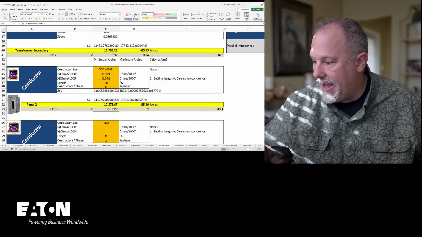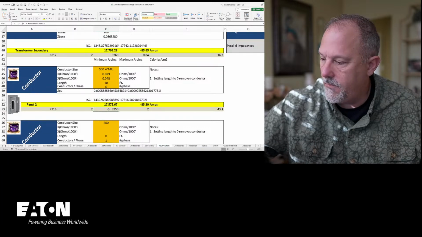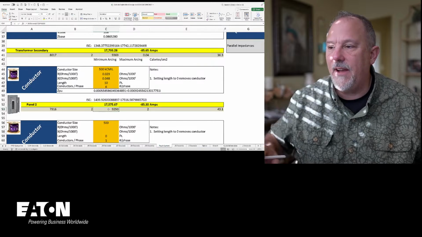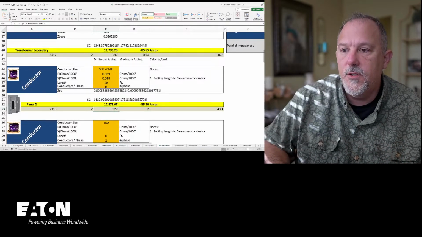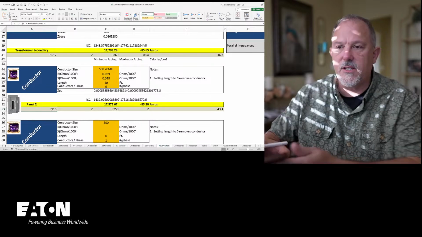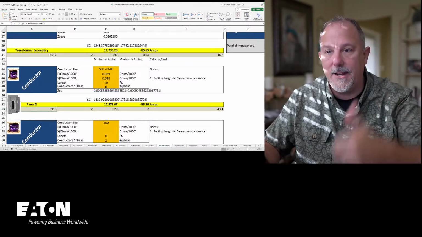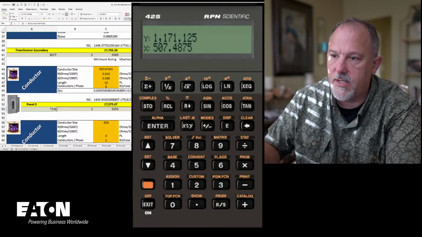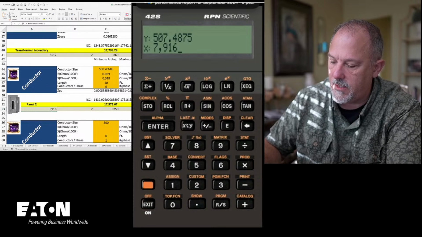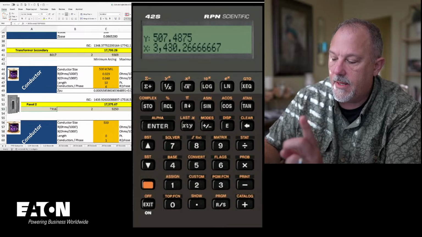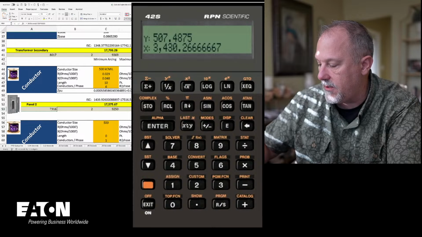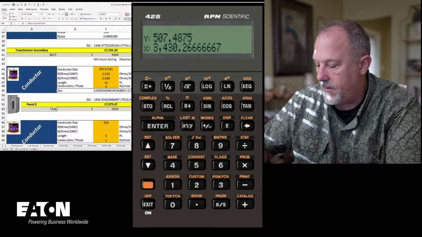I have to now transpose that up, right? So 7916, because the protecting overcurrent device is that 800 amps. So let's get out the calculator. 7916 times 208 divided by 480. That's 3,430 amps.